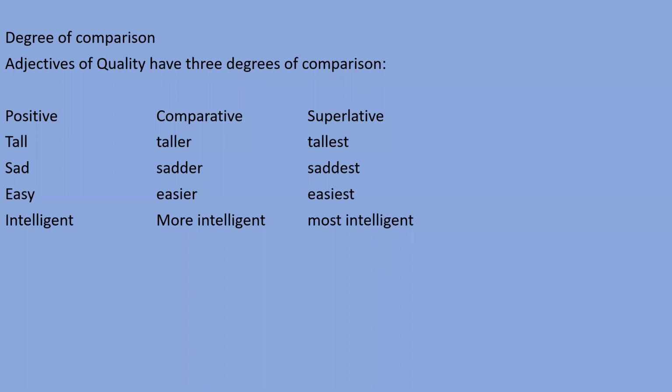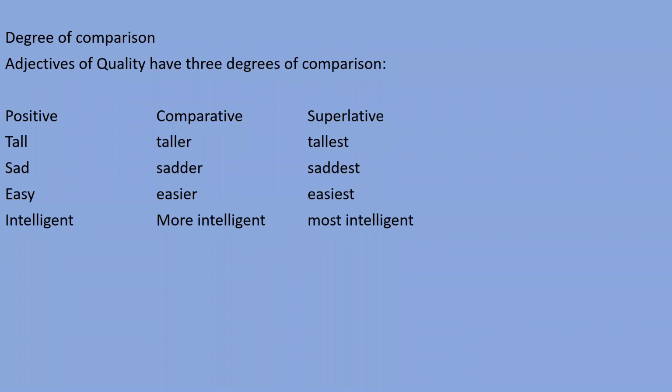Like if I say tall, you can observe that there is only 1 syllable, one sound. But if I say intelligent, you can see two sounds are there. Intelligent, so 2 syllables are there, right? If I say beautiful, so 2 sounds are there.